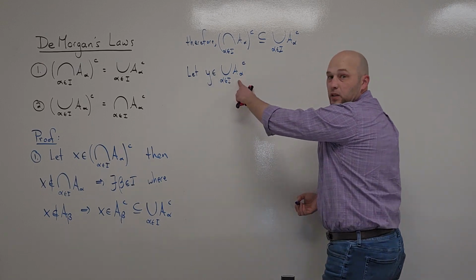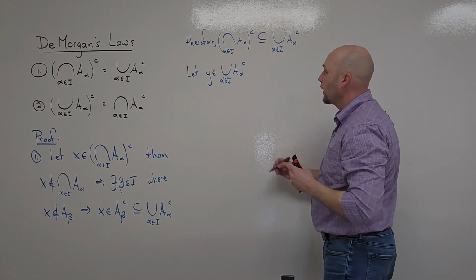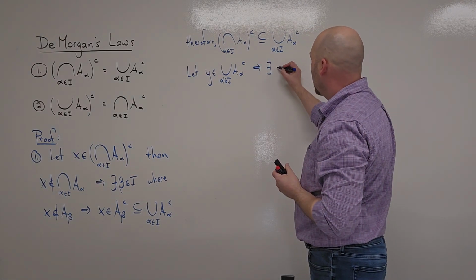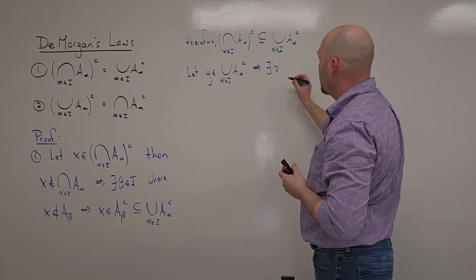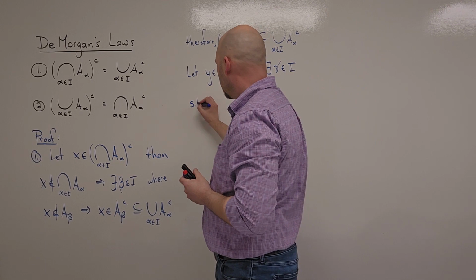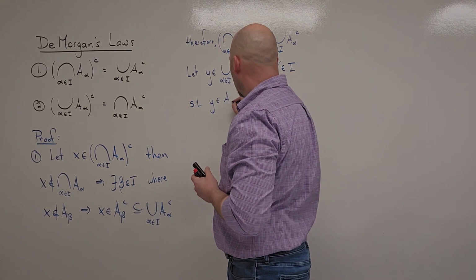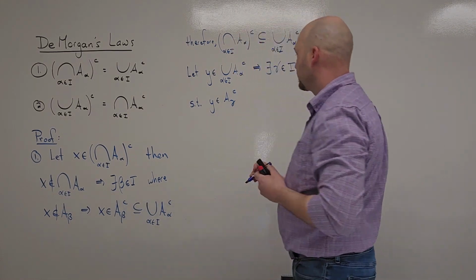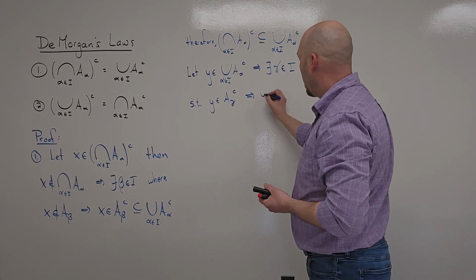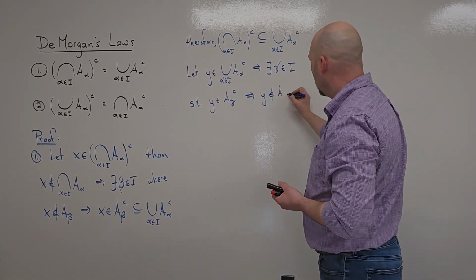Well, if Y is an element of this union, then there must be at least one of these that contains Y. So there exists a, let's use gamma this time, a gamma in I such that Y is an element of A gamma complement, which means Y is not an element of A gamma.